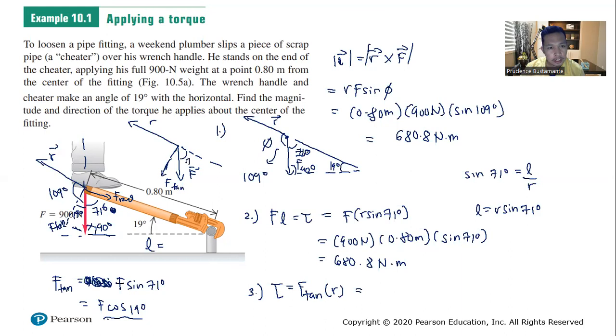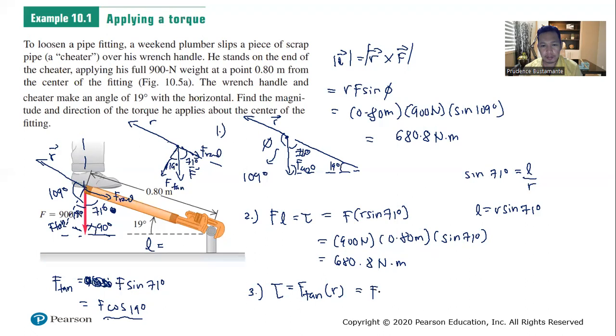We know this is 71 degrees, and if this is 90, you have 19 degrees here. So that is the F, this is F radial, and this is F tangential. So let's try the cosine of 19.